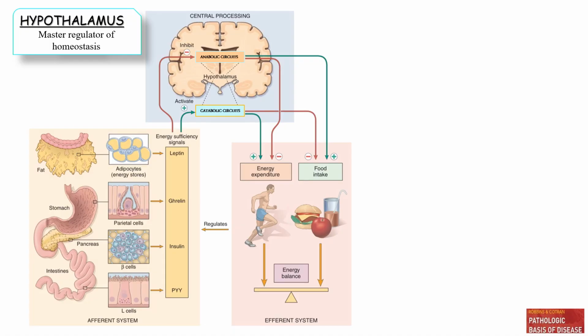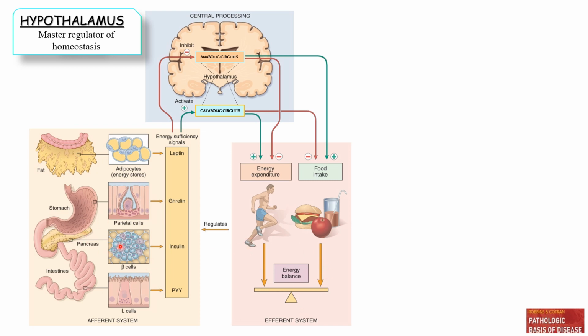Before actually diving into how this all happens, let's understand the components of the neurohormonal mechanisms that regulate the energy balance. And there are three components. The first is the afferent system. The second is the central processing system, and the third is the efferent system.